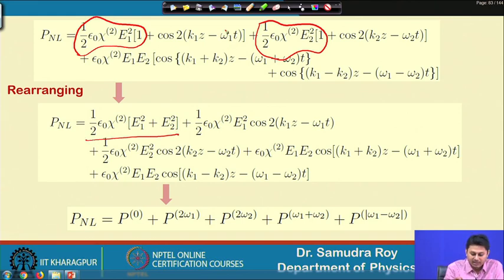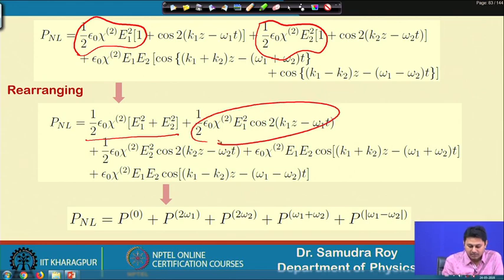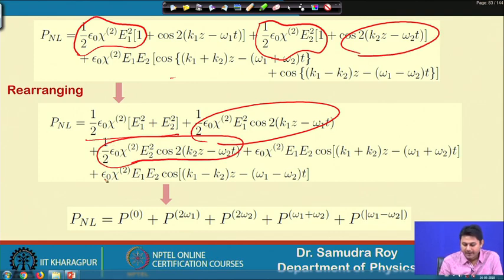I am taking the other terms, this term and this term, and it will give this term, and also the two terms like this and this. One is omega 1 plus omega 2 and one is omega 1 minus omega 2.